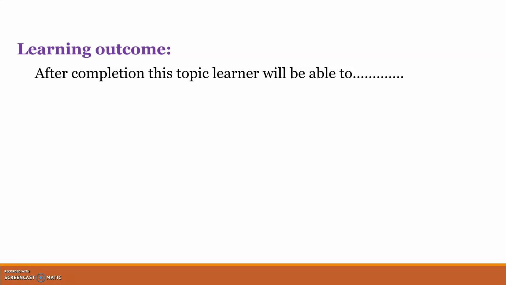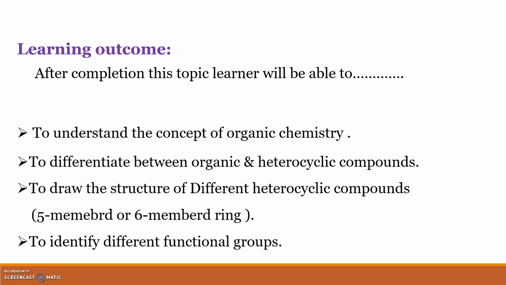what are the learning outcomes? After completion of this topic, the student will be able to understand the concept of organic chemistry, and how to differentiate between organic and heterocyclic compounds. What is the basic difference between organic and heterocyclic compounds? You can differentiate by using this video after the discussion on this topic.